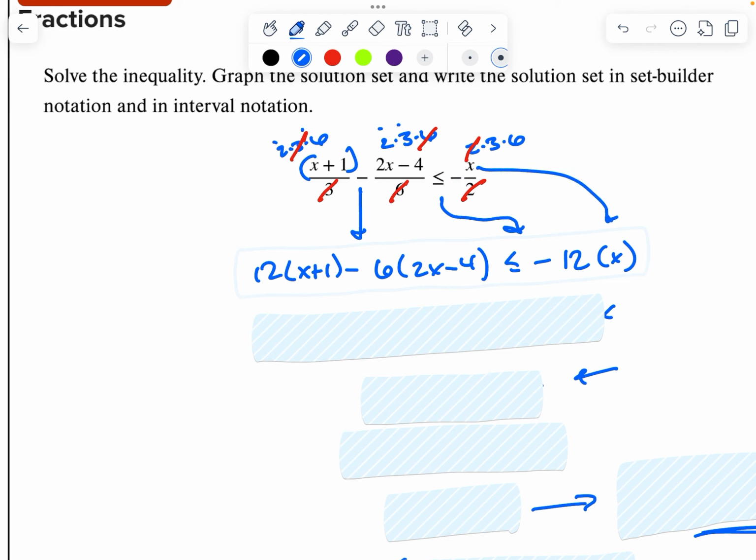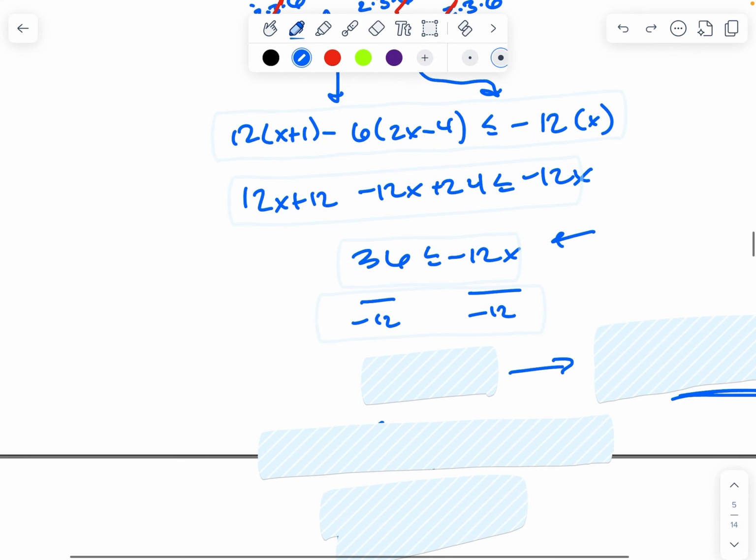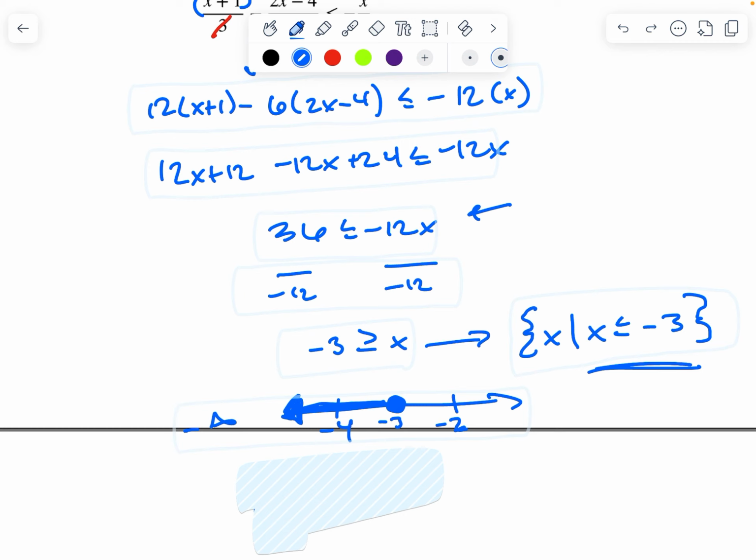And we have still an x. Distributing in the 12 and the negative 6, you get this. Combining your like terms. Dividing by the negative 12, and don't forget when you divide by a negative, you have to flip that sign.